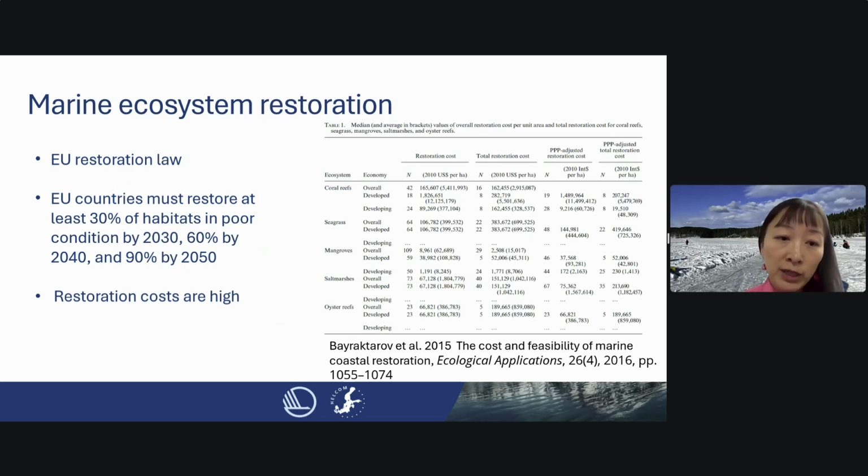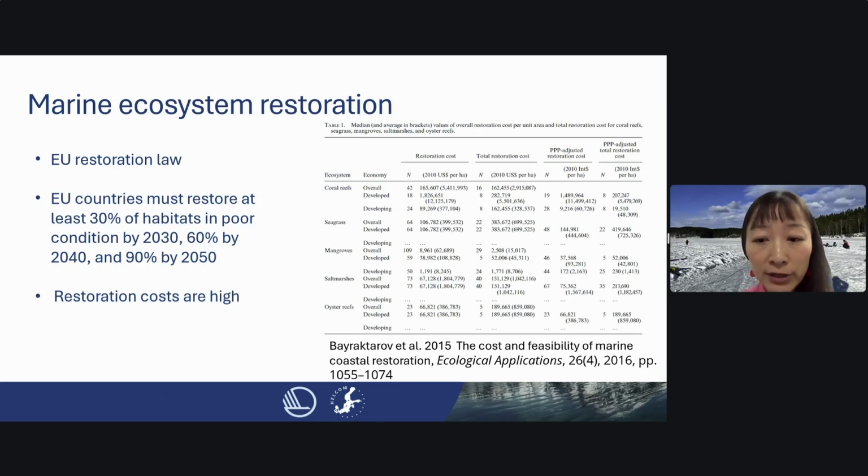There are a lot of requirements to restore those degraded habitats, but we also know that restoration costs are high, particularly in the marine ecosystem, due to many different factors. Several reviews have been done in the literature to show how much marine ecosystem restoration can cost.